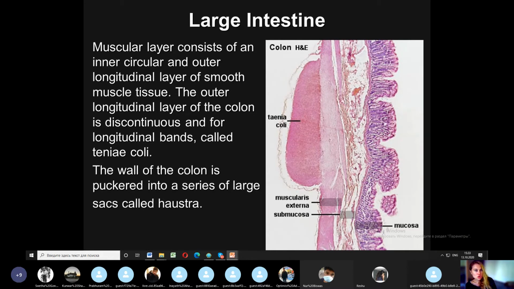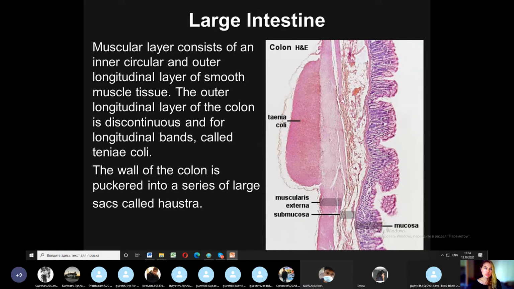So what are the structural features of the large intestine? First of all, it's about its epithelium. So the epithelium of the large intestine contains a great number of goblet cells. Remember, in the small intestine, we said the most numerous cells are enterocytes, because the main function of the small intestine is absorption of the nutrients.